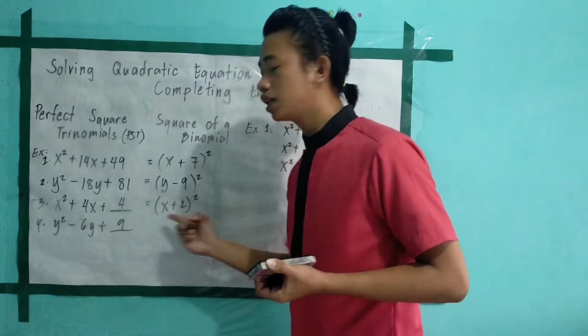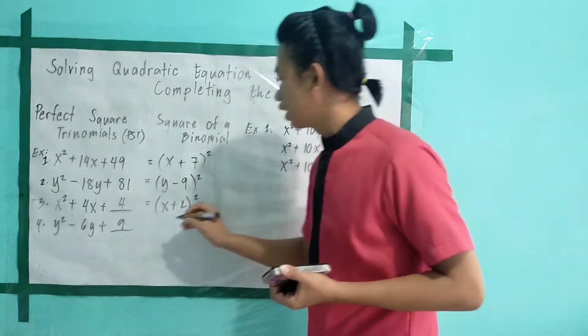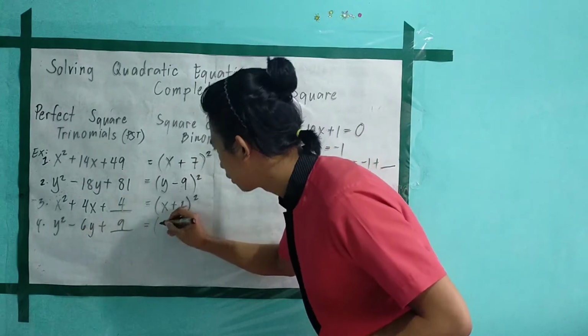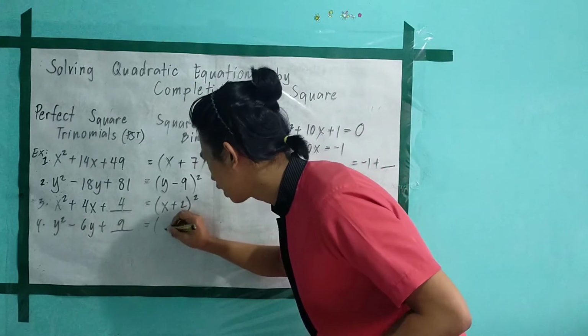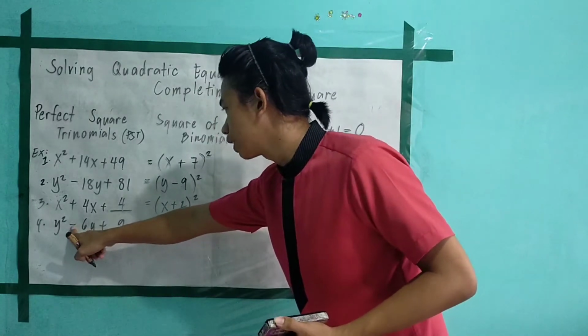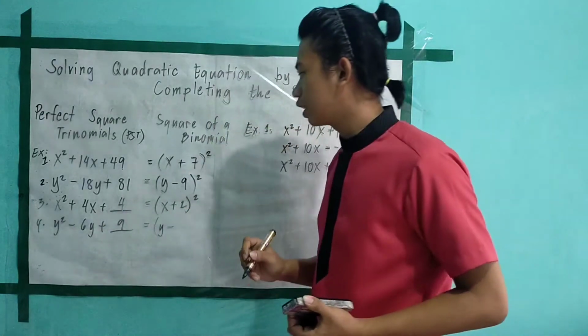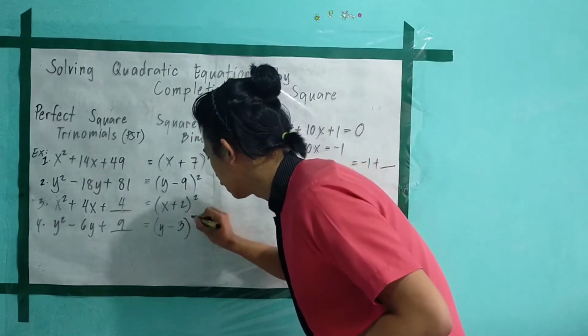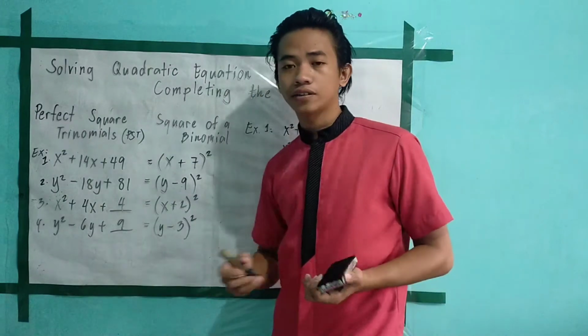So, ayan, perfect square trinomial na siya. Then, when we factor out this one, we have square root of y squared, we have y. Then, yung sign niya negative, negative din ang gagamitin natin dito. Then, square root of 9, we have 3. Then, square. So, yun ang magiging factor natin.